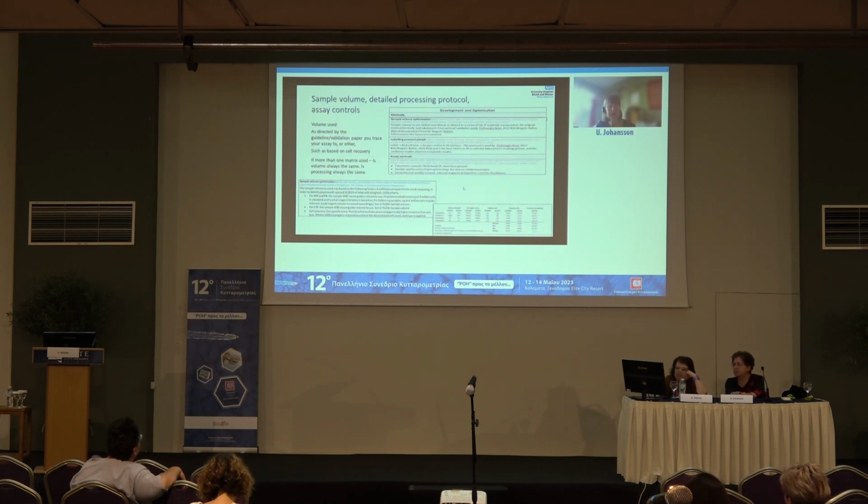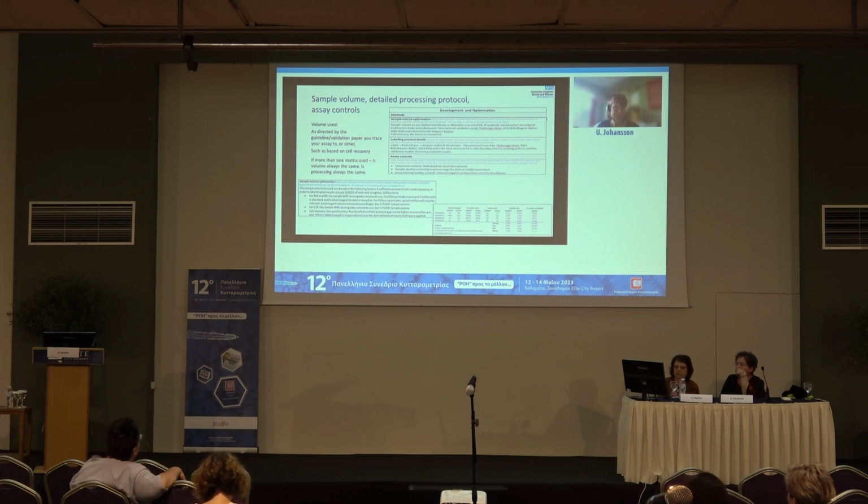As we then have this section around development and optimization in the template, we talk about the volume of sample to use, and we state in very much detail what the SOP is, how we process the sample. I think it's worthwhile to mention the sample volume used. We try to consider what our cell recovery is.